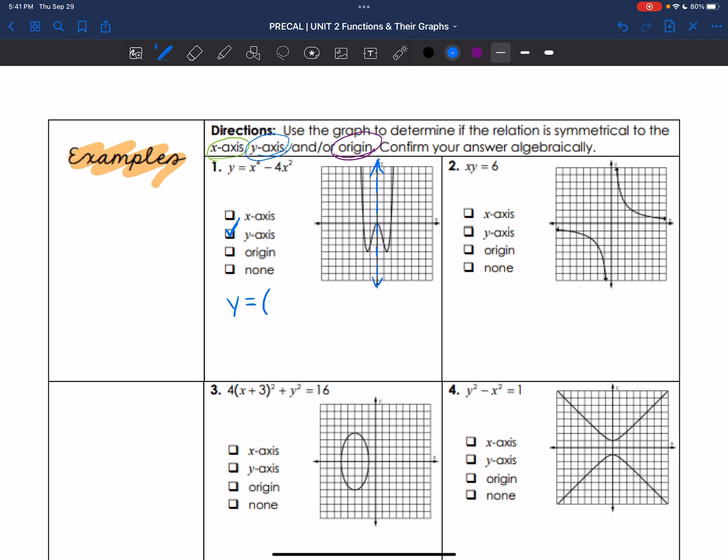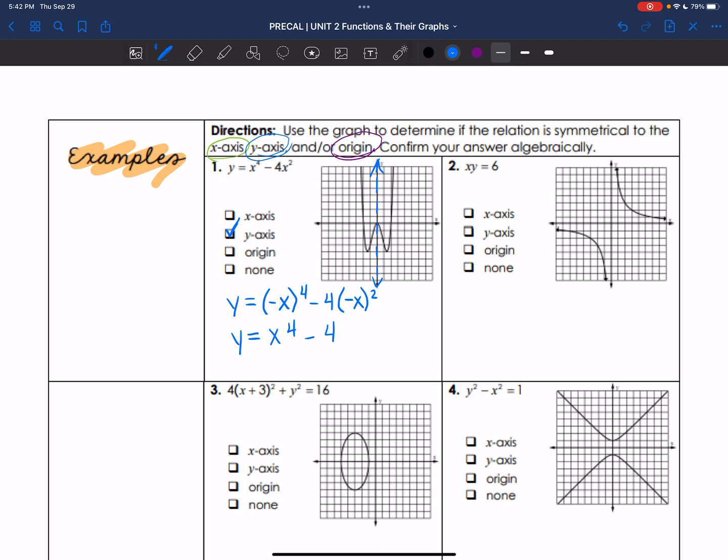So instead of x, I'm going to say opposite of x to the fourth, and 4 times opposite of x squared. Now, ladies and gentlemen, what happens when we take a negative value to the fourth power? It will just be positive. So it'll still just be x to the fourth.